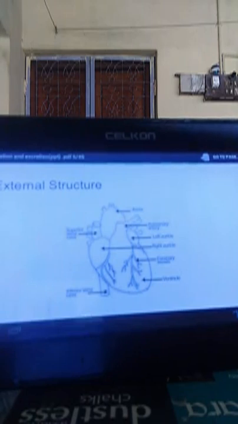Now I am going to explain the external structure of the heart using a model. I have prepared a small model which explains in detail the external structure of the human heart. When the heart is seen in a live human body, of course only by doctors, it is normally located between our lungs and is conical in shape.